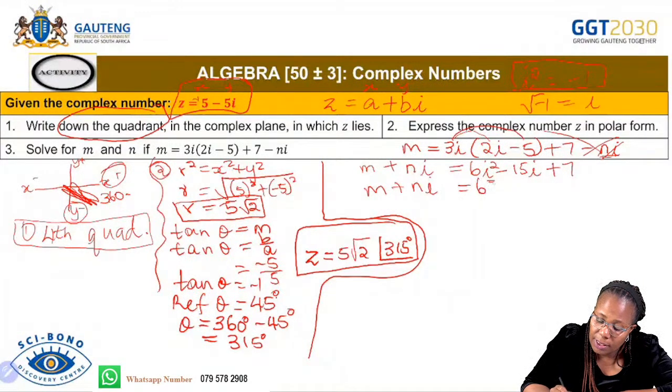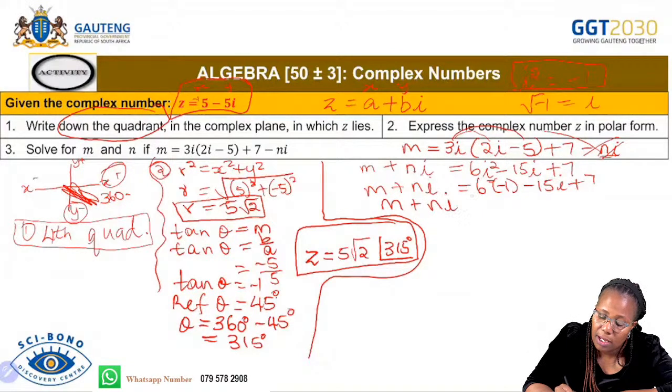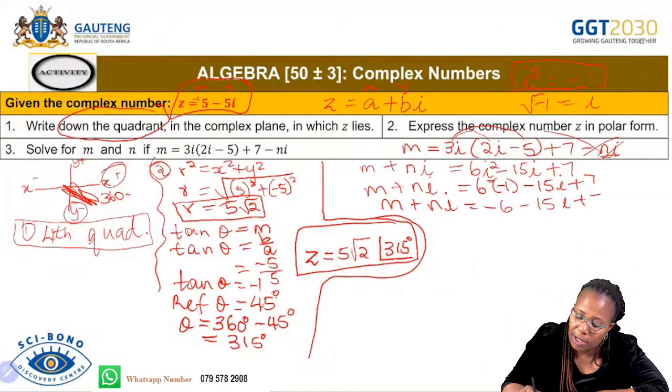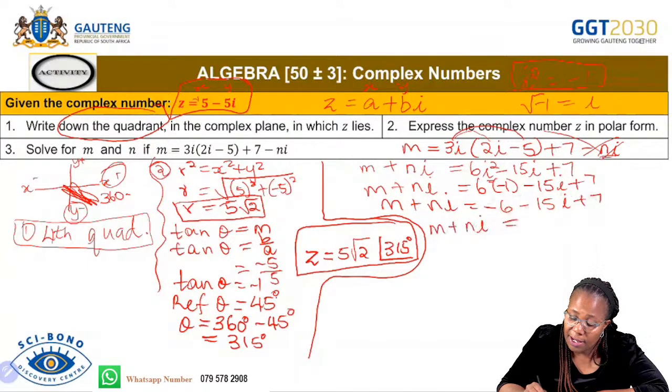That will be 6, we are substituting -1 for i squared, minus 15i plus 7. On the left, m plus ni is equal to 6 times -1, -6 minus 15i, bring down 7 there. Then add like terms on the right hand side, m plus ni there is equal to, okay, 7 minus 6 is 1.